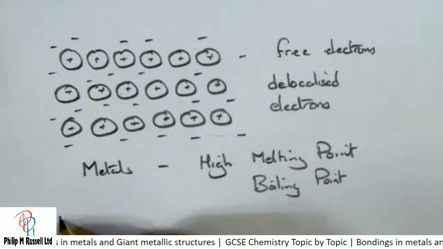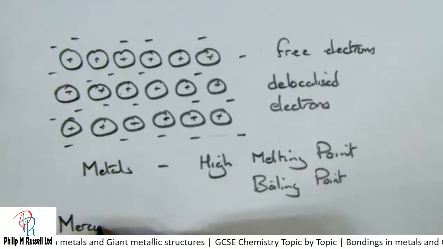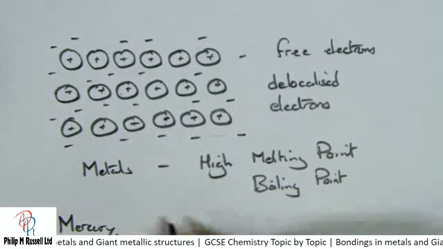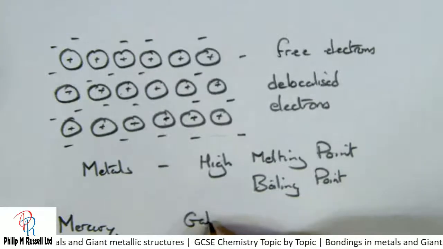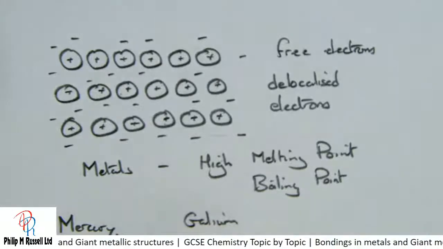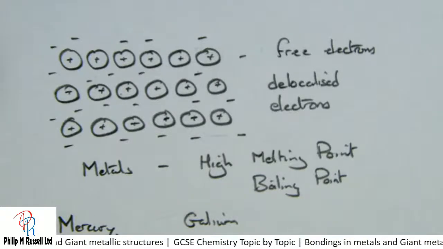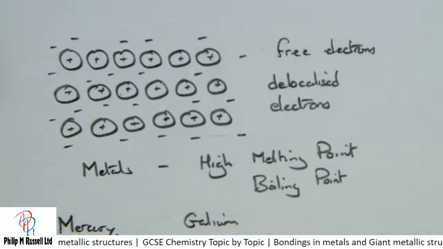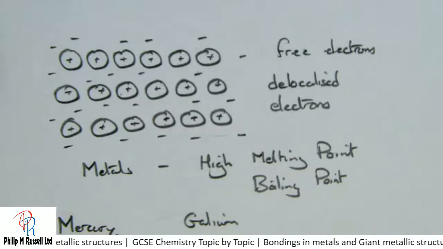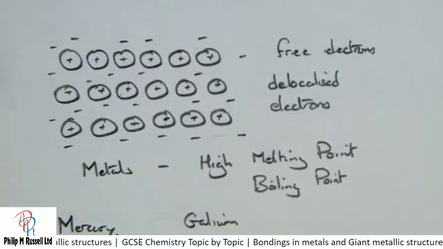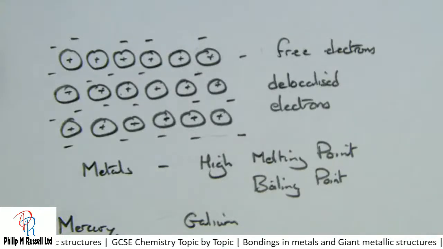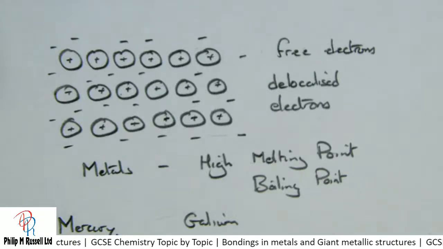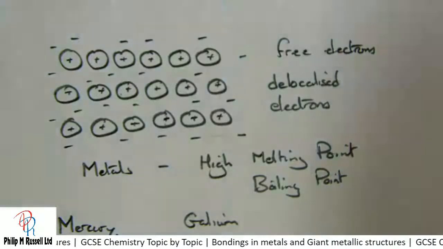We've got mercury being one, and gallium being another. Gallium's quite a nice, interesting metal in that we can get this to melt in our hand. Gallium, if I just grab some, for you to look at.